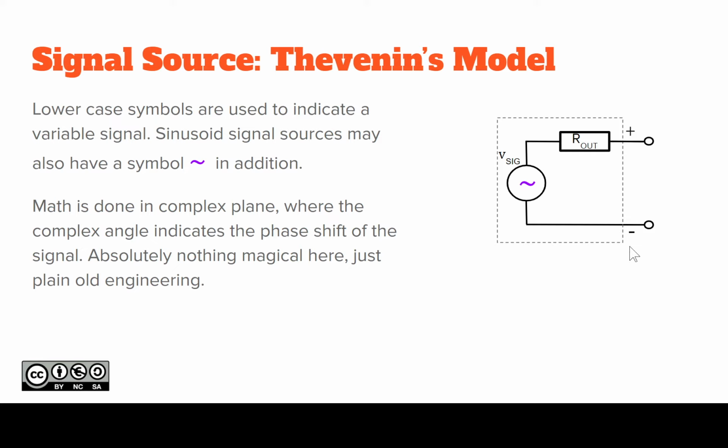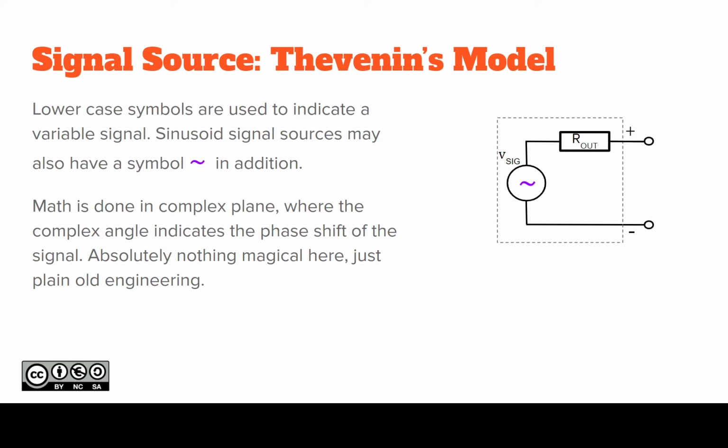One reason is that signal phase is quite an important thing to understand, since modern data transmission technology, for example, is based on phase shift, not amplitude modulation anymore, or even frequency modulation. It's phase shift modulation.